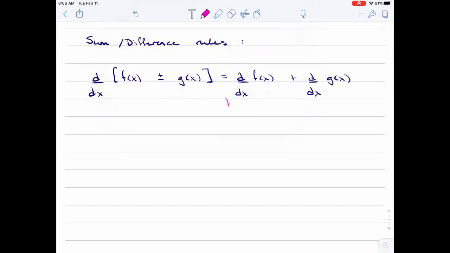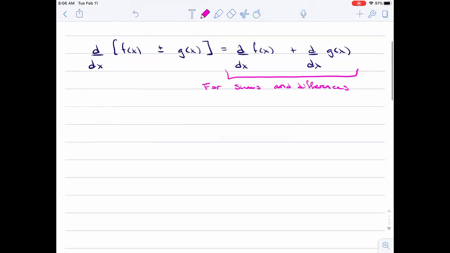So for sums and differences, I call it just pull the derivative inside.